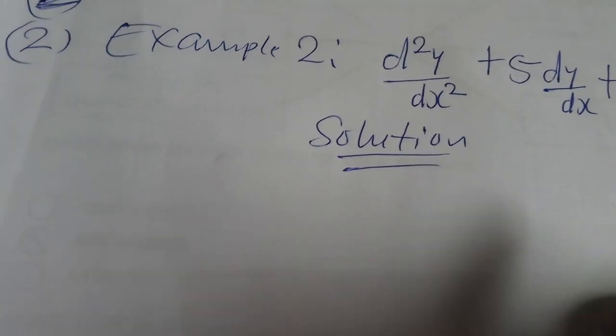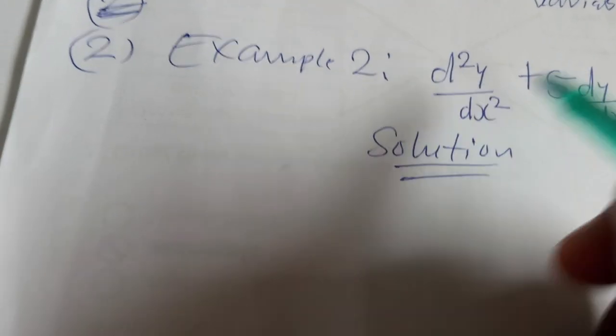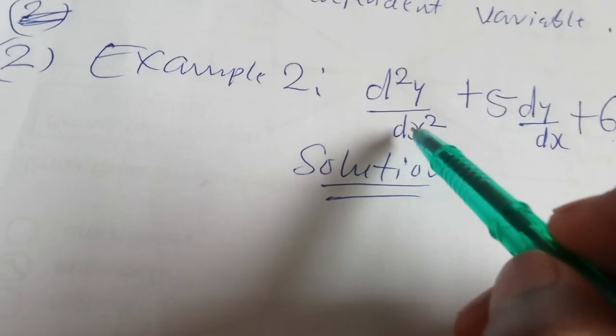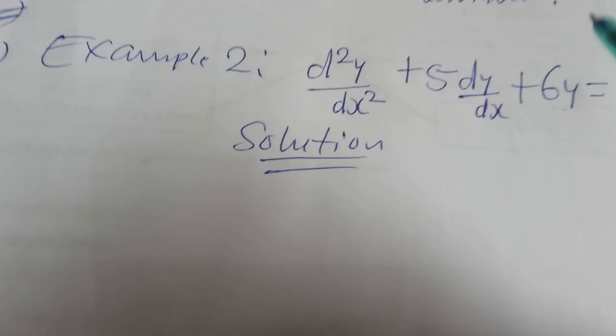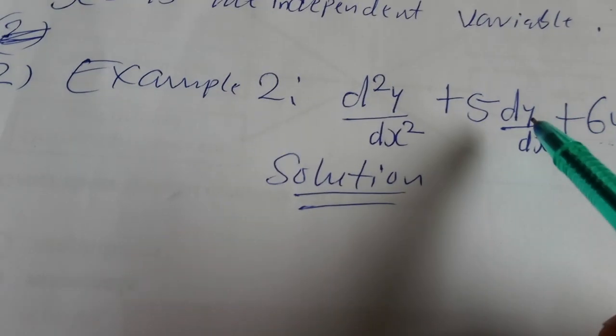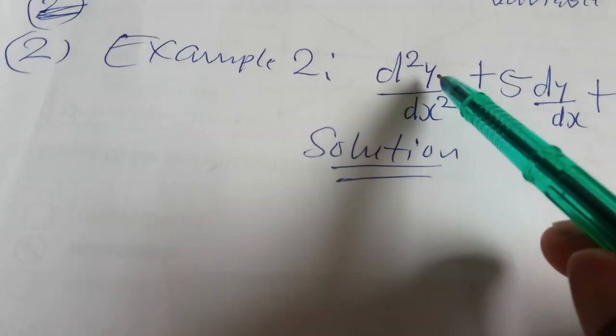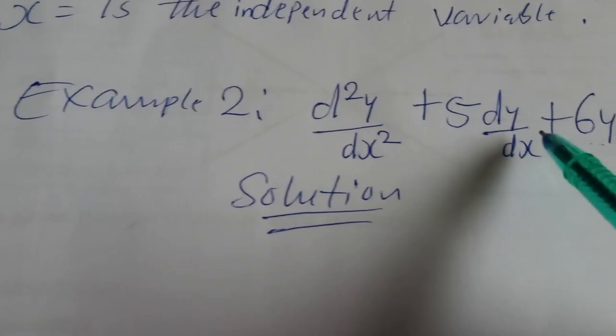It is a differential equation because we have a derivative, dy over dx, and because we have an unknown function, which is y.